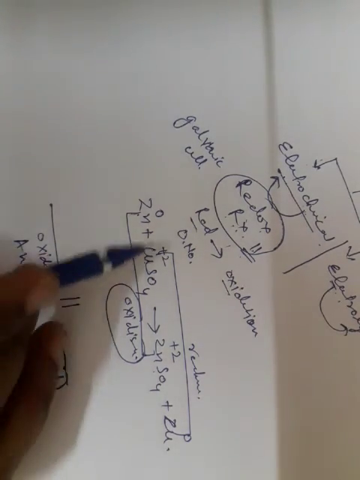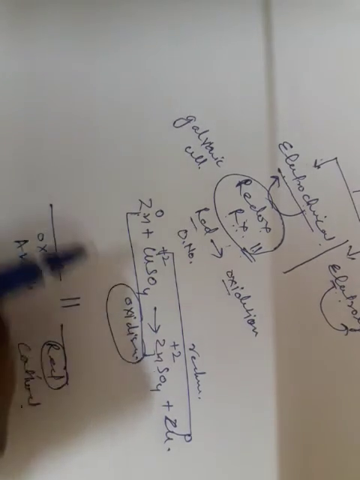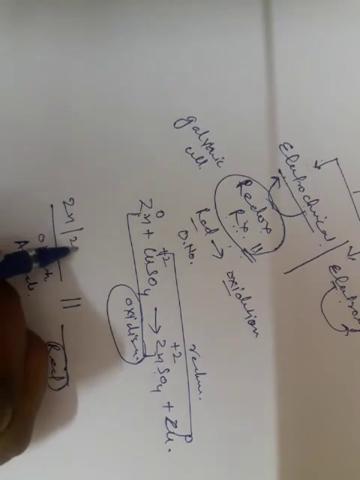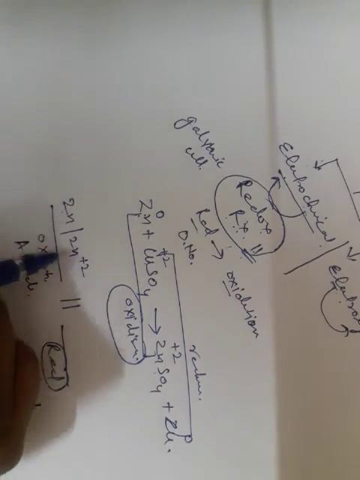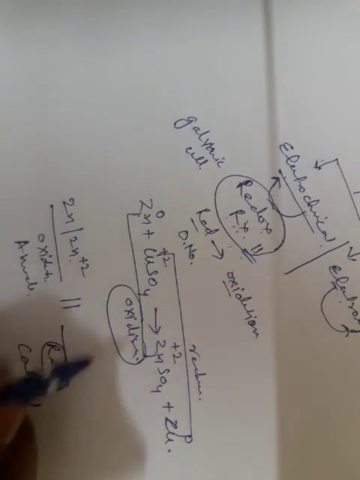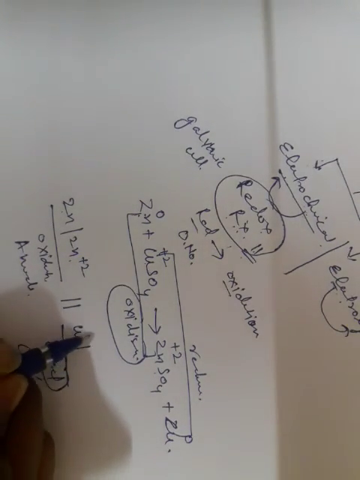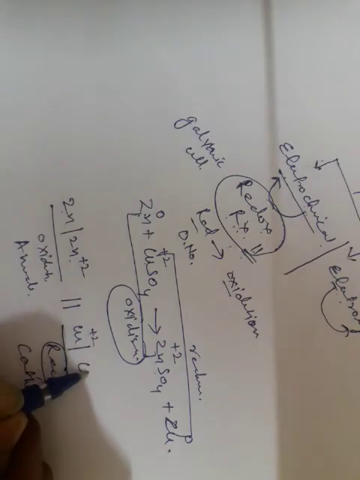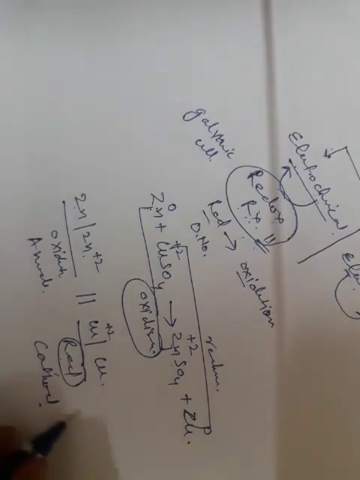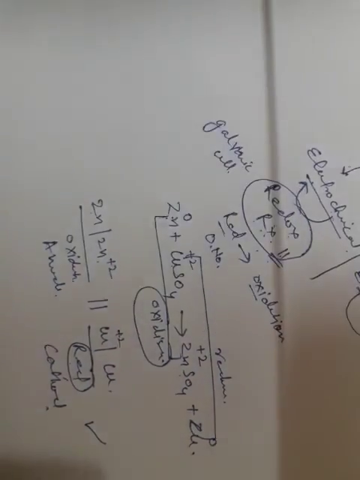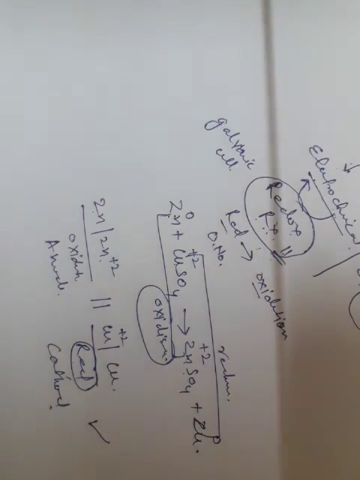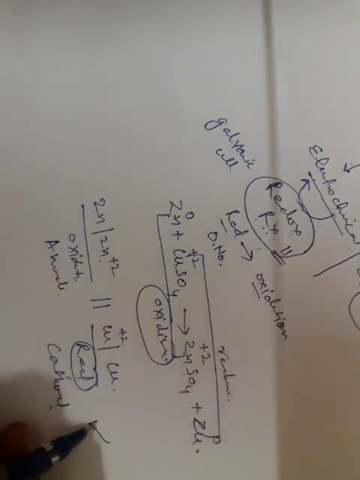So zinc is oxidized. So if we are going to write like this, zinc changes into Zn2+, and Cu2+ ion changes into copper. This is all about your redox reaction which we have discussed in class 11th.